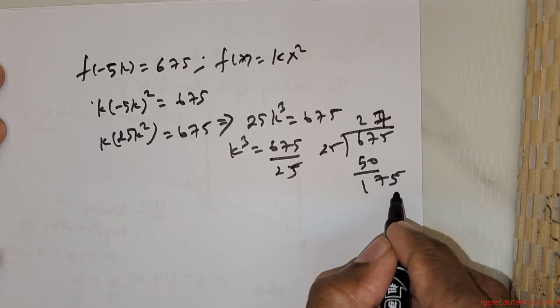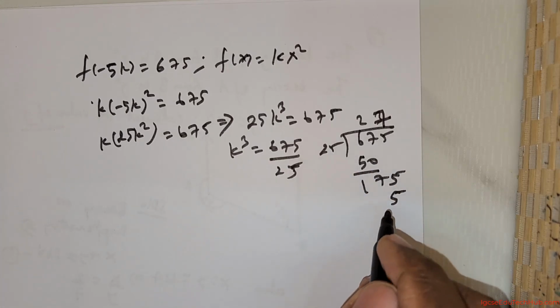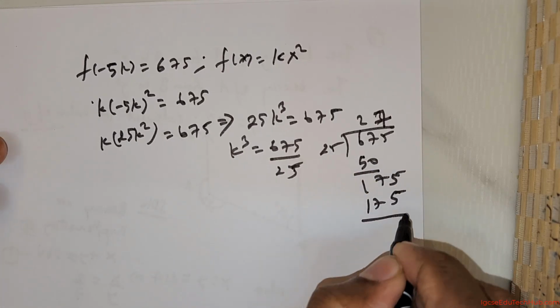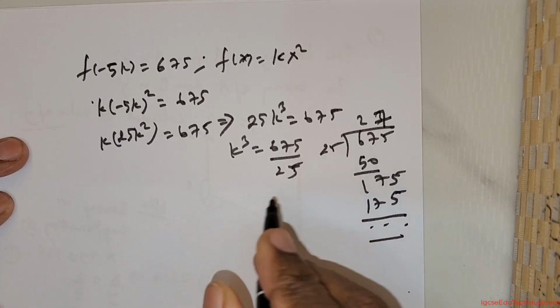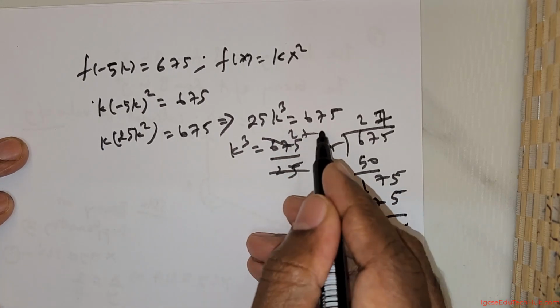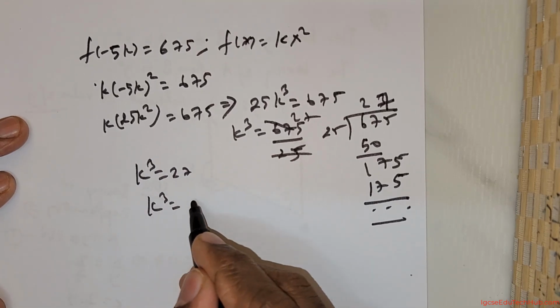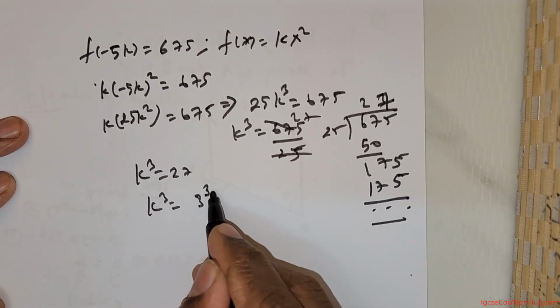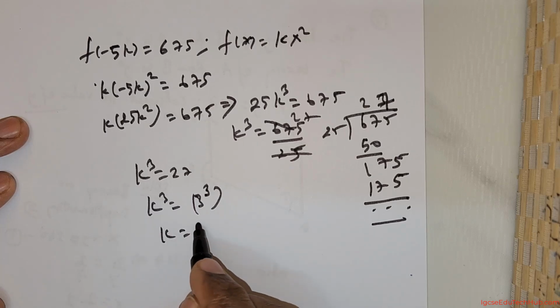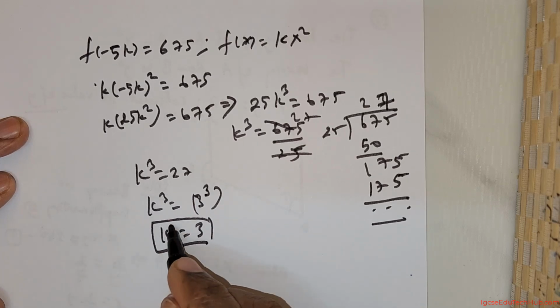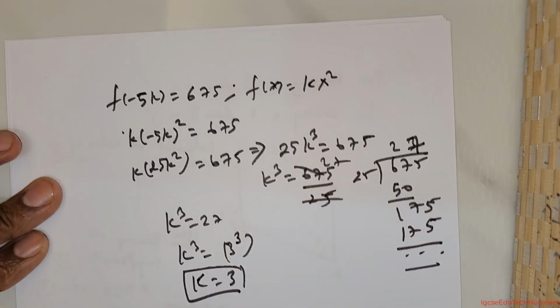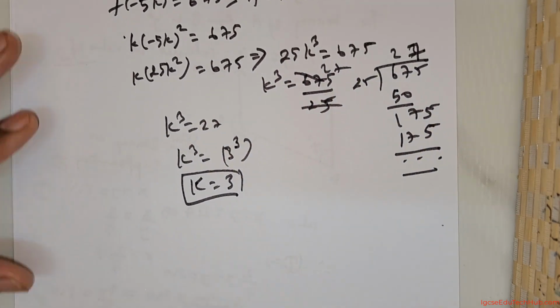Let's check 7 times. 7 5s are 35, 3 7s are 14, 15, 16, 17. Okay, so you have 27. So k cubed is equal to 27. I can write 27 as 3 cubed, and this means k is equal to 3. Okay, so that's the solution for this question.